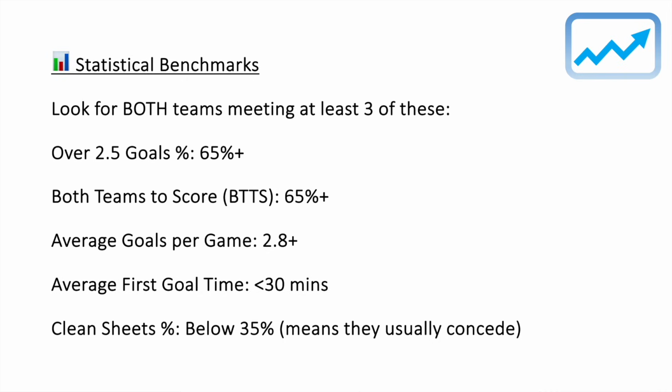This is an actual strategy, a risk-managed strategy, where you want to see the teams scoring reasonably early on, particularly in the first half. And then clean sheets percentage, so below 35%. So you want to be picking out teams which do concede goals. It's all well and good them scoring lots, but also you want to be looking at teams that actually concede goals as well.